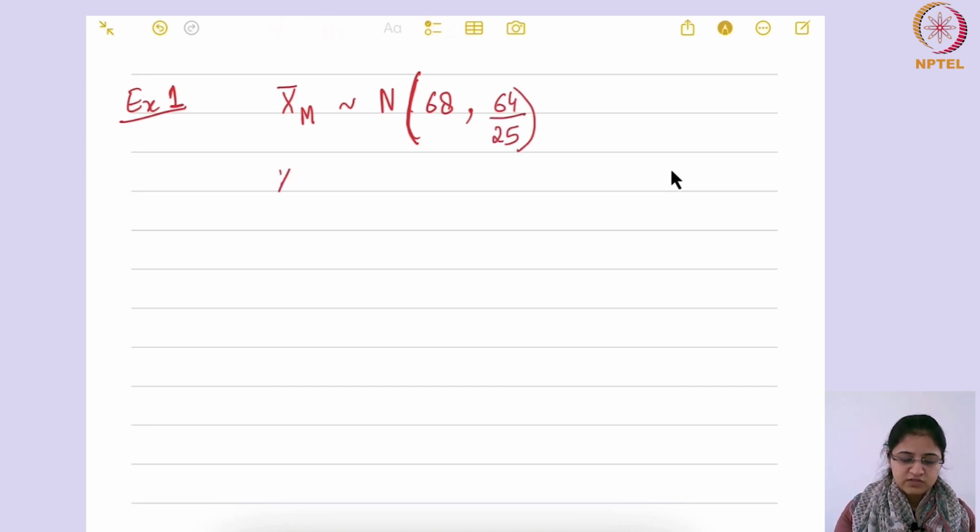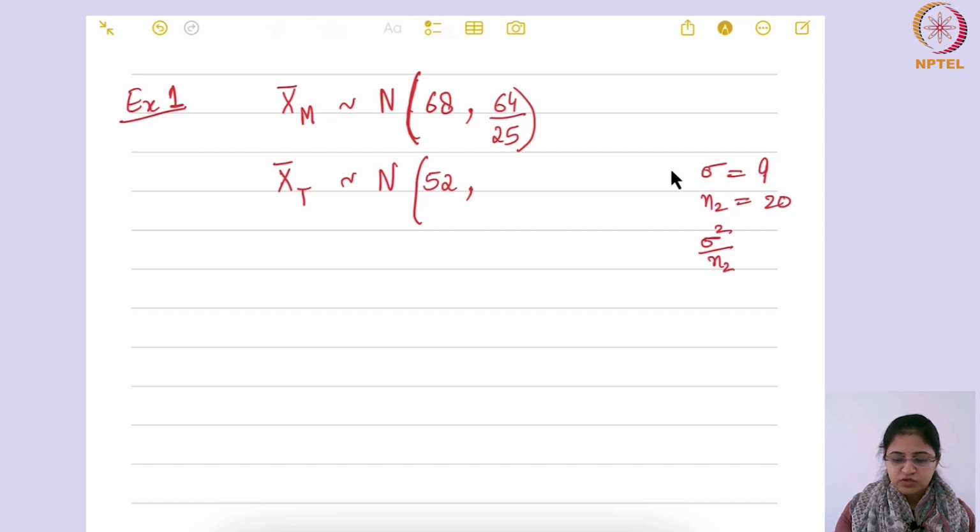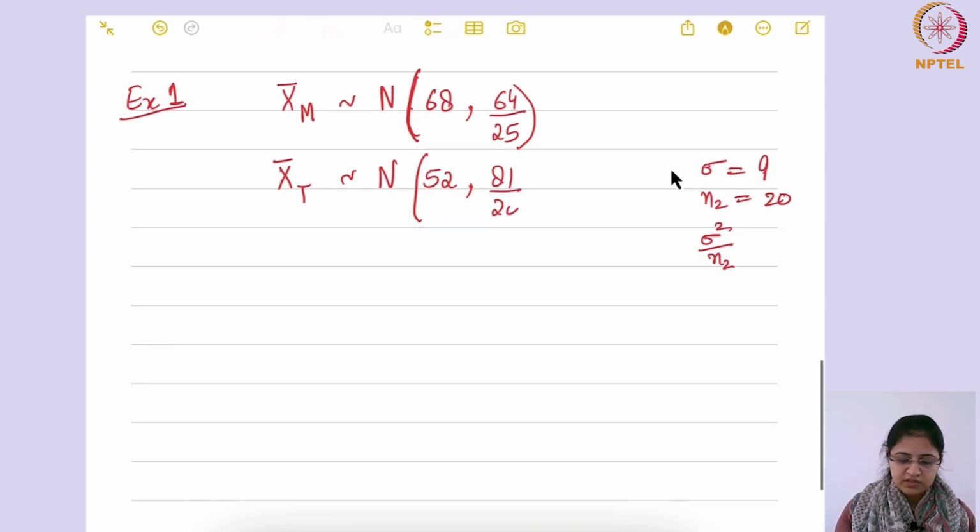Likewise, for the second day, it is again a normal distribution with mean 52, and standard deviation 9, so the variance is sigma square by n2, with n2 being 20. So it would be 81 by 20.